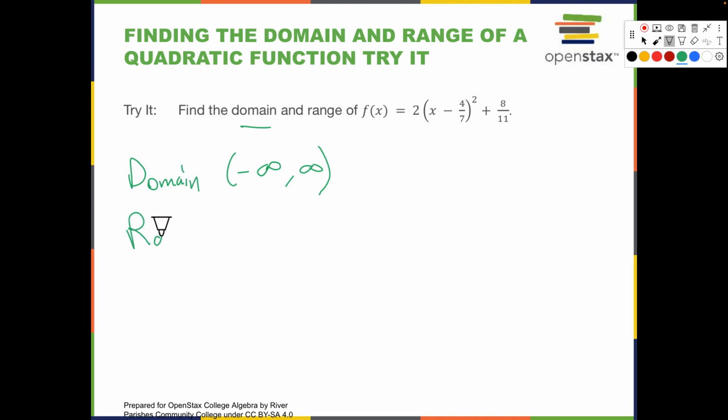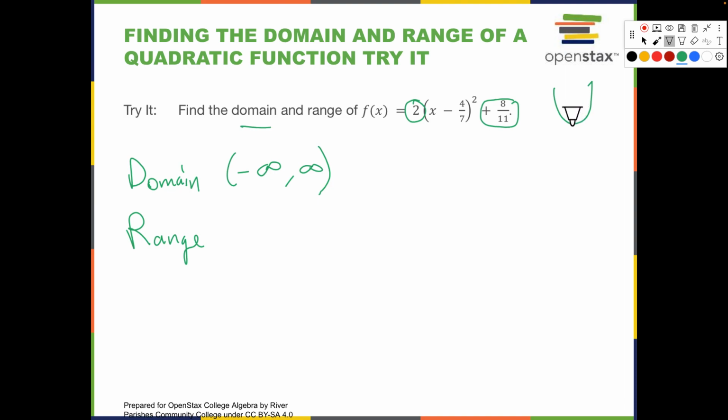The range is going to be, so what we look for is what would be the x squared. X squared is going to have a positive 2 as a coefficient. So positive is, think of it as a smile. Positive things make you smile, so it's going to open upward. This is going to be a minimum, and the y-coordinate of the minimum, because we're in vertex form, is 8/11.